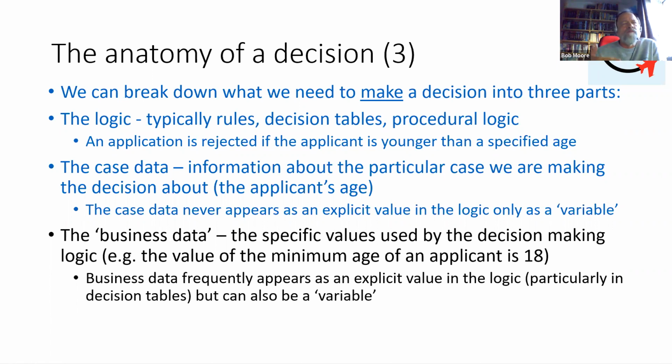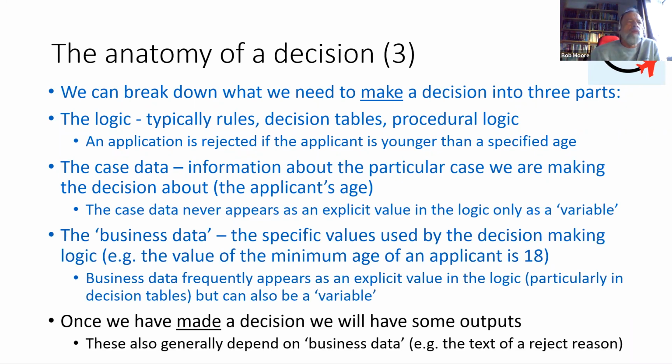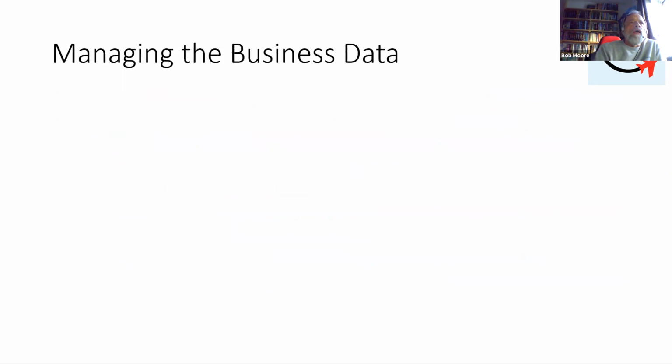There are certain situations where it may turn up as a variable if we use other sorts of reasoning mechanisms. And finally, once we've made the decision, once we've decided our conditions are satisfied, then we're going to have some outputs, and those in general will also depend on business data items. So, for example, the text of the reject reason.